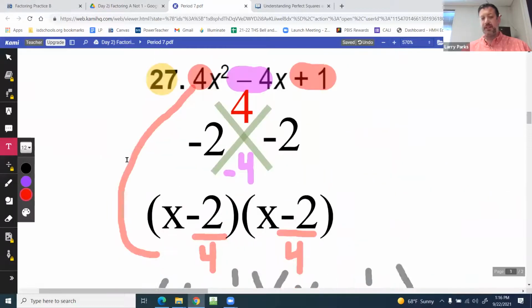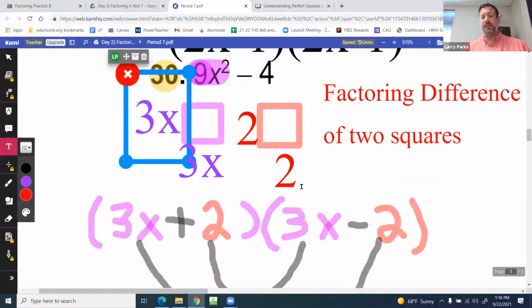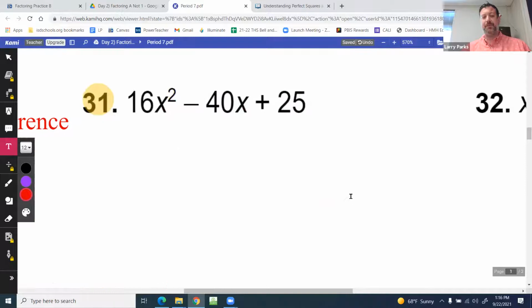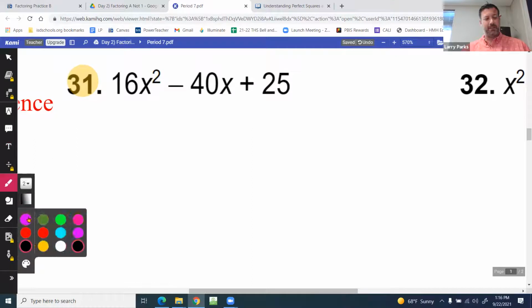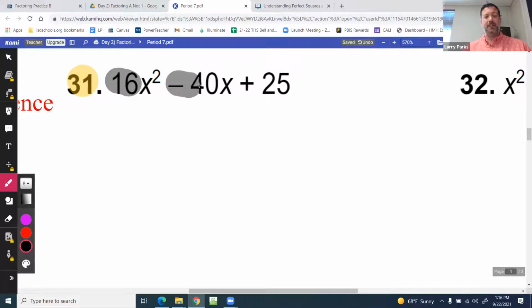Okay, let's go look at number 31. Number 31 I look at this and I go, okay, is there a GCF between 16, -40, and 25? I start with the smallest number first, 25. 25 goes into 25, but 25 does not go into 40.